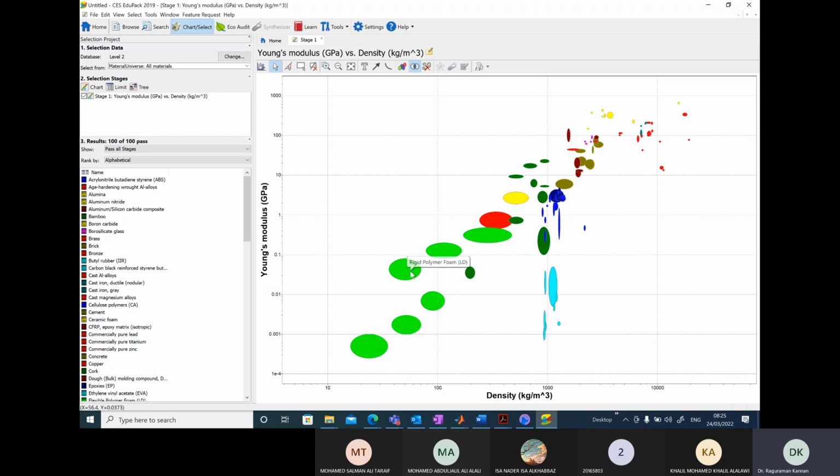When I move my cursor onto a specific bubble, it will show what kind of material it is. In your exam papers, I will literally print out what these bubbles are, by just clicking on it, and it will show me what kind of material these are.